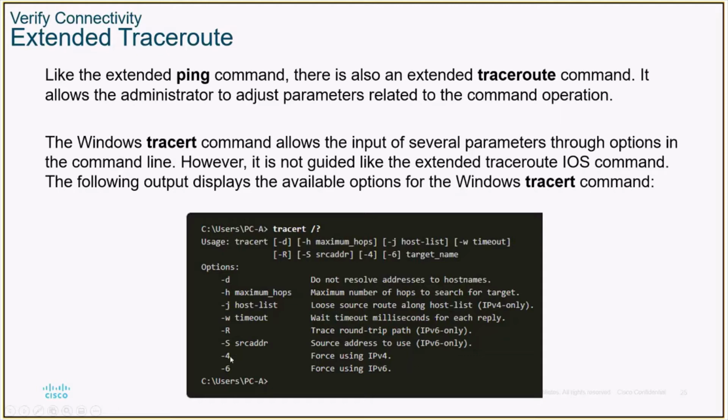You can force using IPv4 and IPv6, and there's a few others. You can modify the source address used. You can set your timeout. You can set a maximum number of hops, and -d is don't do DNS for all your host names.